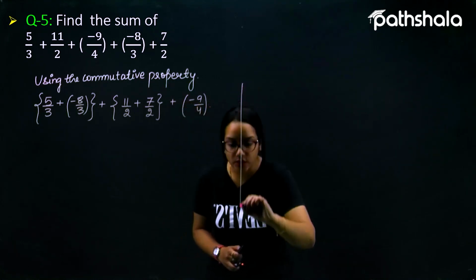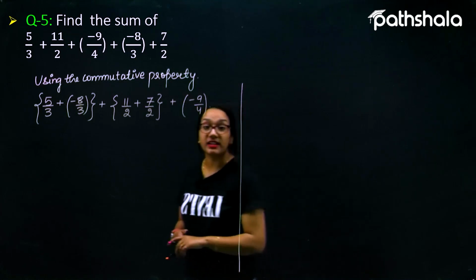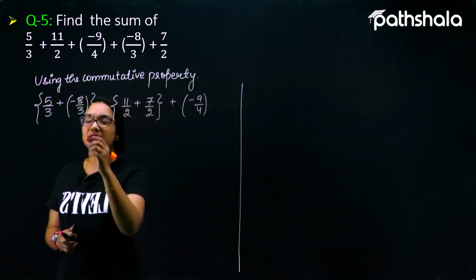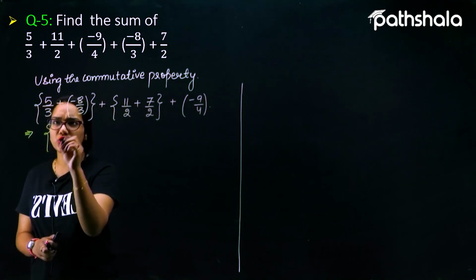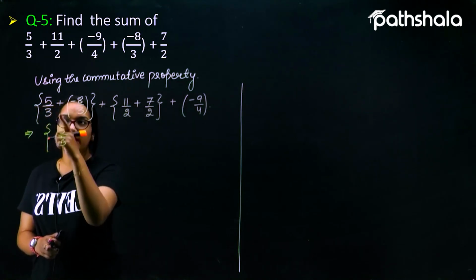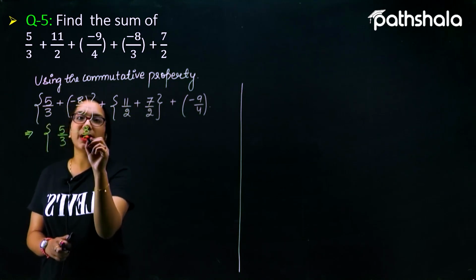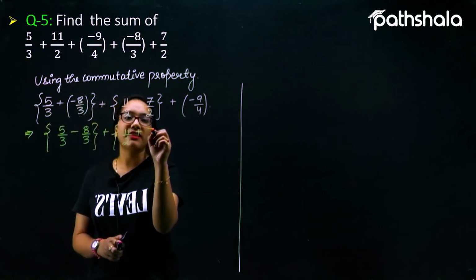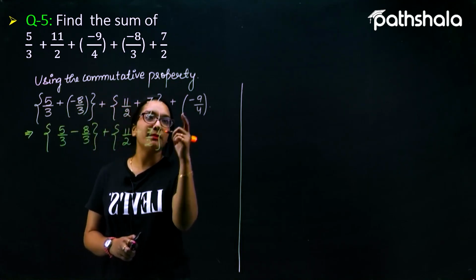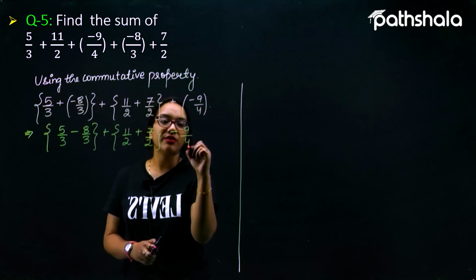So after solving all these, what we will get, let's just start with it. First of all, in the first fraction we have 1 by 3 in common. So first of all I'll write it as 5 by 3 plus minus is minus of 8 by 3, and further plus of 11 by 2 plus of 7 by 2, plus minus is minus, so this is minus of 9 by 4.